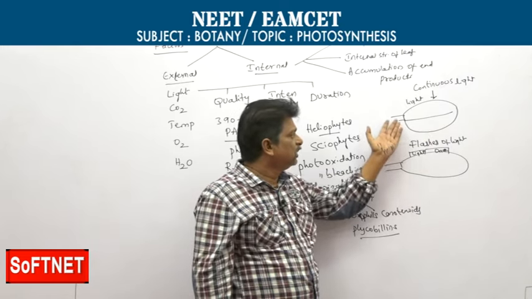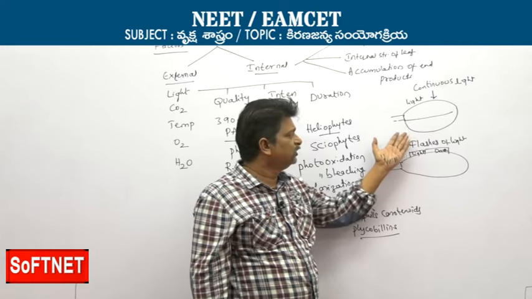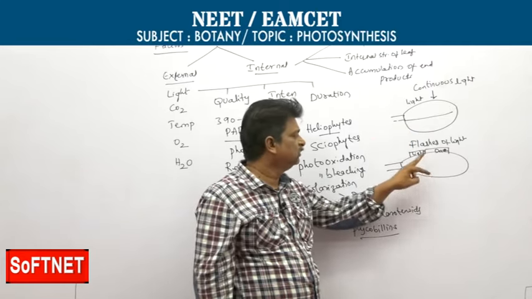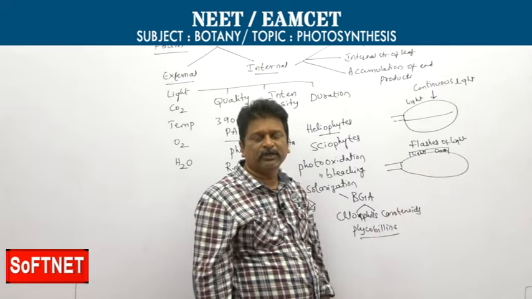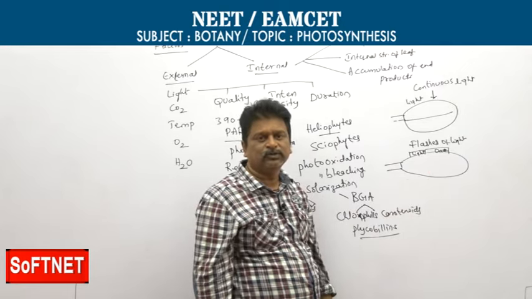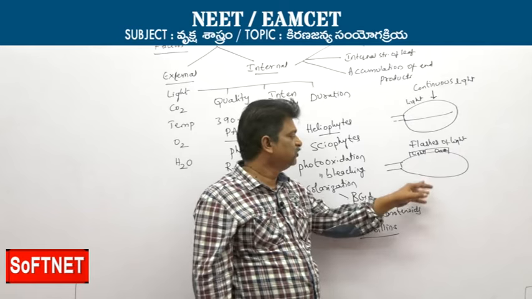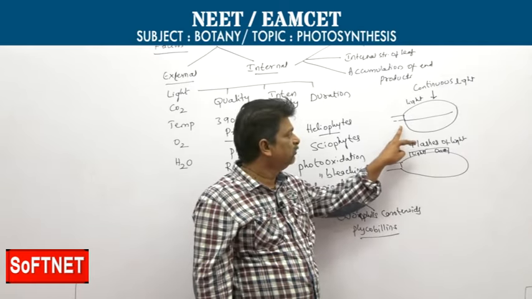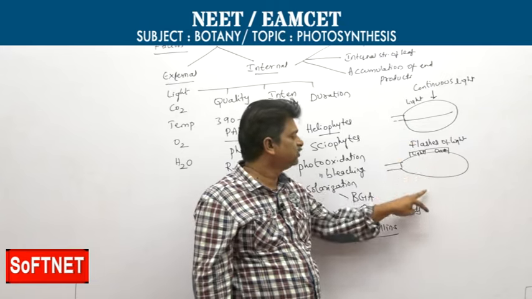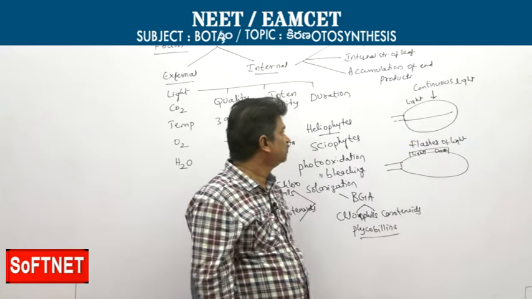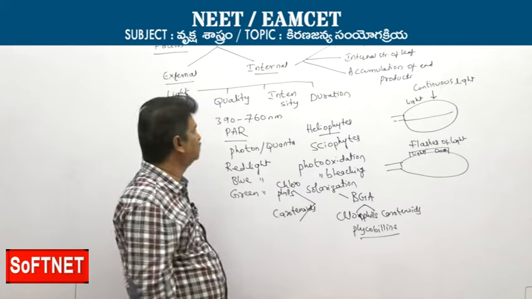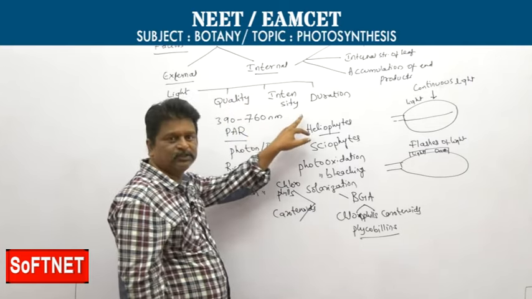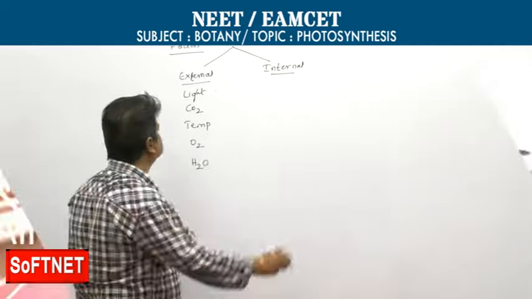So, in continuous light, the photosynthetic rate is decreased. In flashes of light, in the gap, food materials are translocated to storage organs, so there is no feedback inhibition. That is why more photosynthesis takes place in flashes of light. So, that is about quality, intensity, and duration.